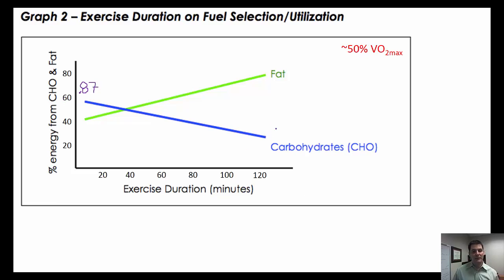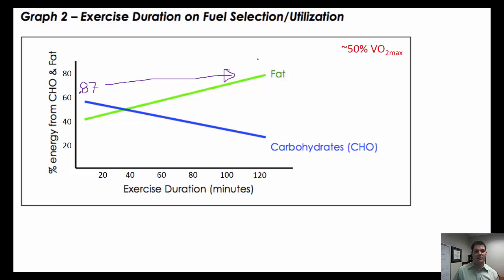Note, it doesn't really become very, very low percentage, kind of like the previous graph, but nonetheless, we reduce our utilization of carbs and therefore increase the amount of fat that we're burning as duration increases. So during long duration events, our values get closer and closer to 0.7.